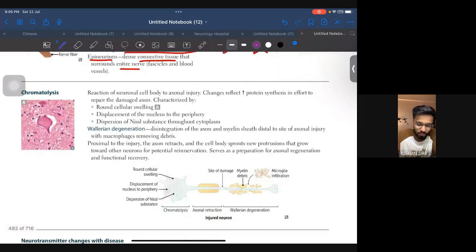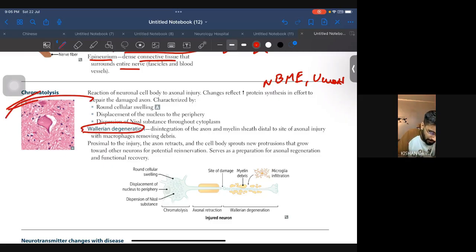Coming to chromatolysis, asked in NBME, asked in UWorld. How to remember this is Wallerian degeneration. Just remember the image; the same image will be given in the exam also. Remember one thing: Wallerian degeneration occurs at the distal end of a neuron. Chromatolysis occurs in the proximal.